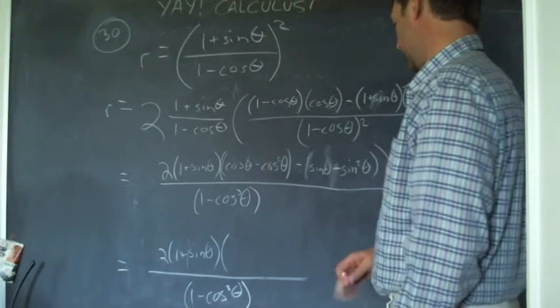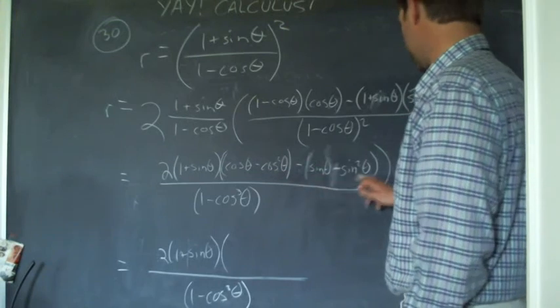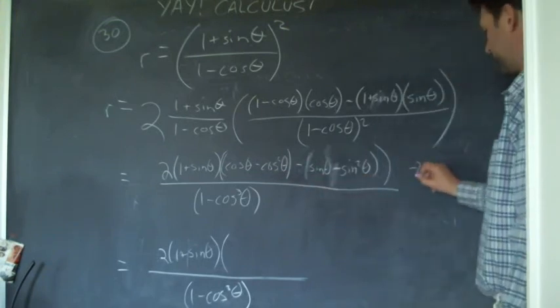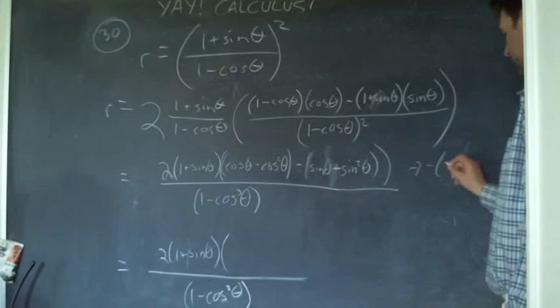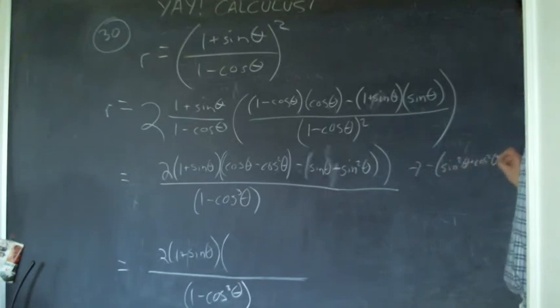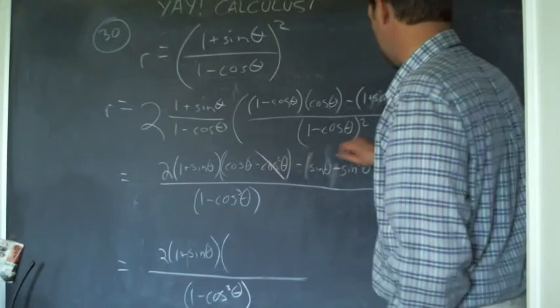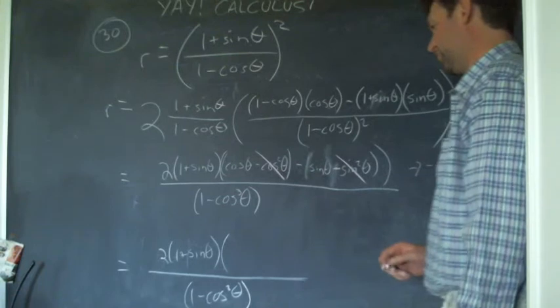All right. And we're going to take this minus cosine squared and minus sine squared. I'm going to change that to minus sine squared theta plus cosine squared theta. That's just minus 1. So we get rid of this and this and make a minus 1.